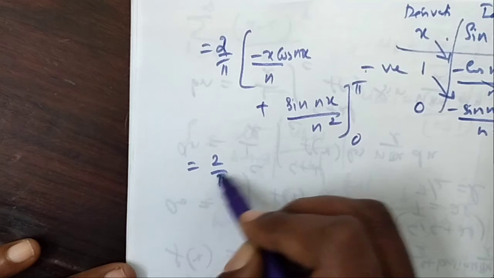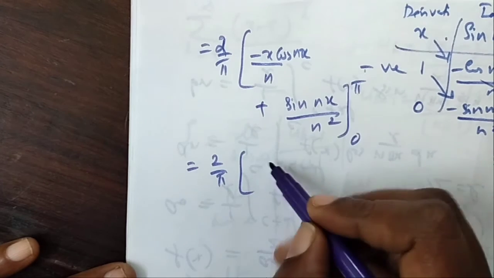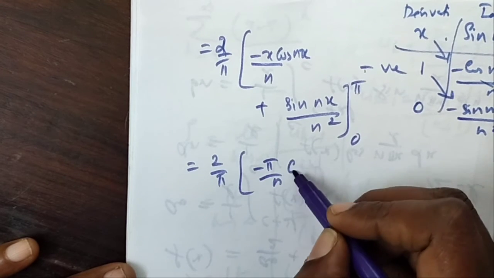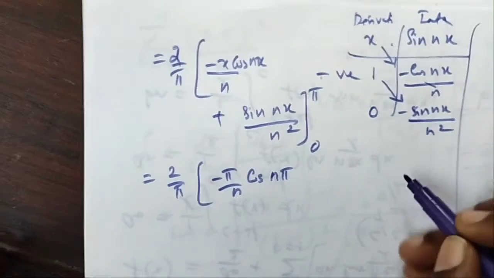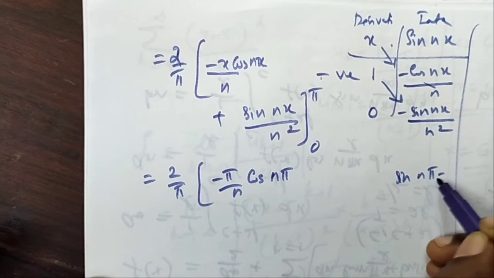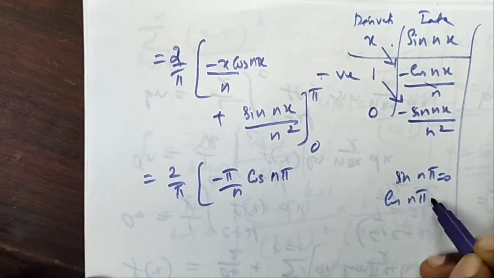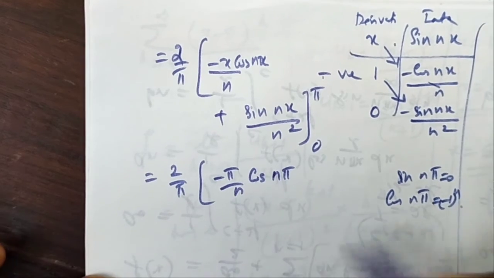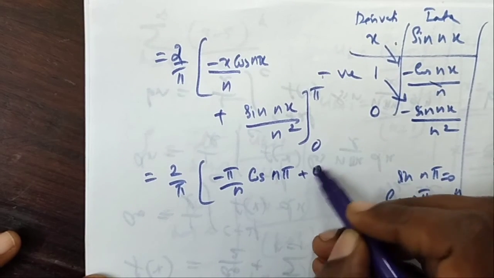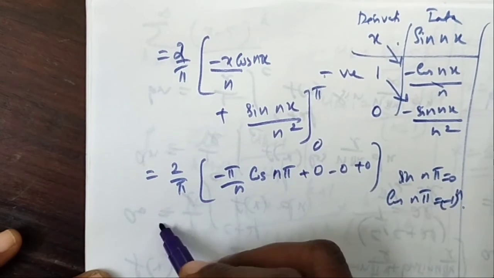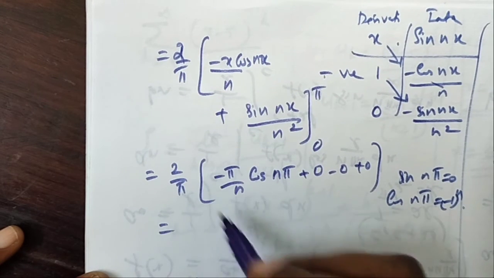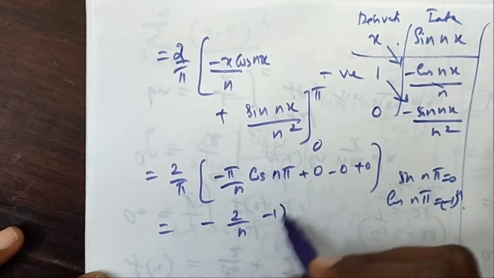So it is 2 by pi into, if x is pi, minus pi by n cos n pi; sin n pi is 0. Cos n pi is minus 1 raised to n. If x is 0, also 0. So the answer, pi cancels, is minus 2 by n into minus 1 raised to n. So this is the value of bn.